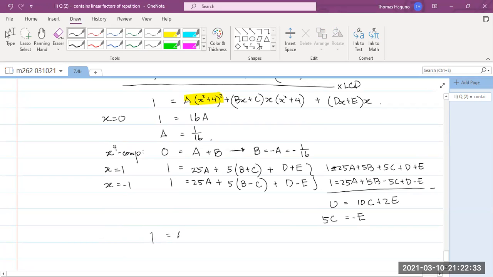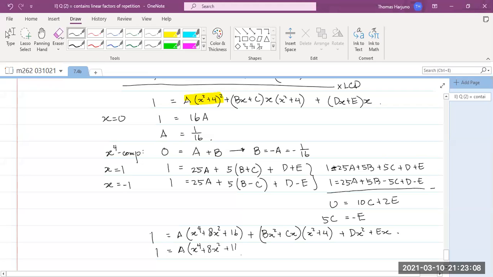So 1 equals a times x to the 4th plus 8x squared plus 16, plus bx squared plus cx times x squared plus 4, plus dx squared plus ex. Okay, let me just leave it like this here. So it's only c.